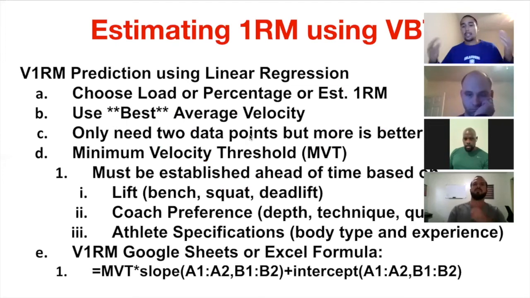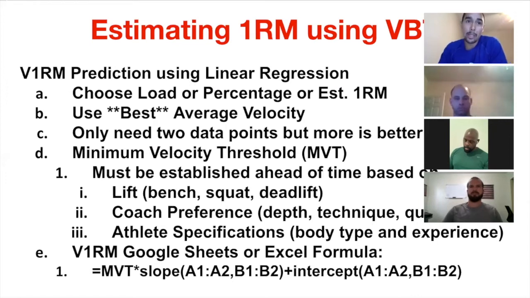The very first thing that VBT is pretty good at, that I think a lot of people don't really know how to do on their own, is predicting 1 rep max. And you can do it with 2 data points. Really simple. There's even a much better write-up on how to do this by Brian Mann and some other researchers from Spain and other places, who wrote up a phenomenal article.